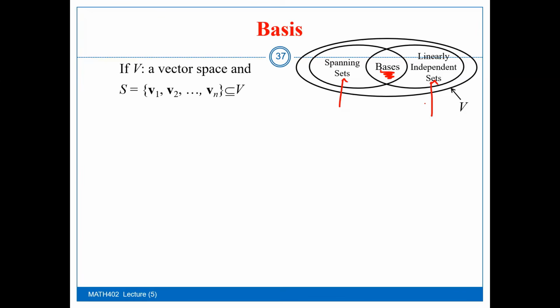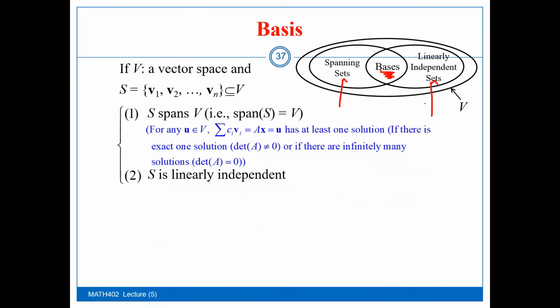So in a vector space V, if we consider a set of vectors v1 to vn, if S spans the whole space V and if S is linearly independent, then S is called a basis of V. Okay?